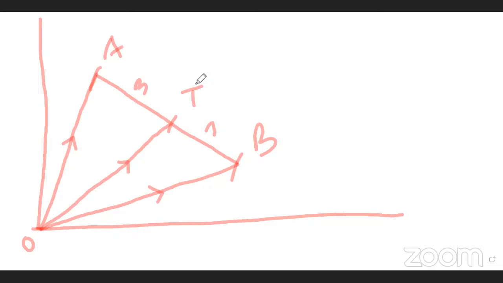So two things. One, you should know what a position vector is. A position vector is the position of some coordinate with respect to the origin of the Cartesian plane. And that position vector, when rearranged, will give you the coordinates of that point. For example, if A had coordinates 2, 2, I'm just using an example, the position vector OA will be given as 2, 2 as a column vector.